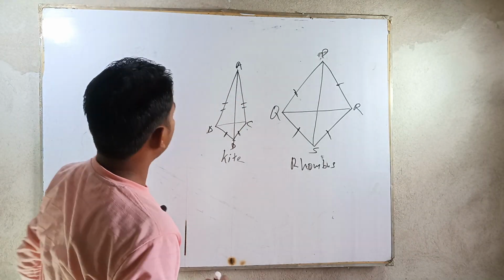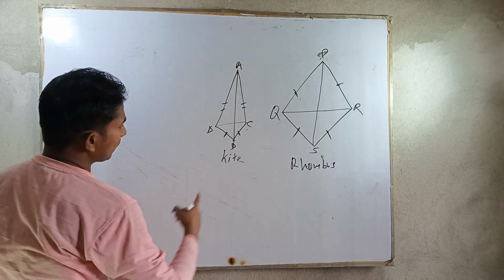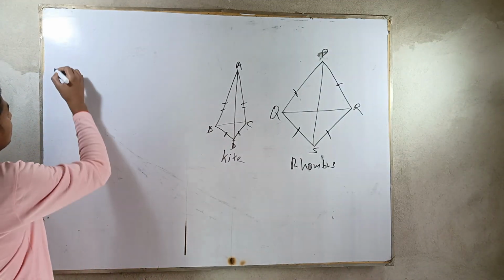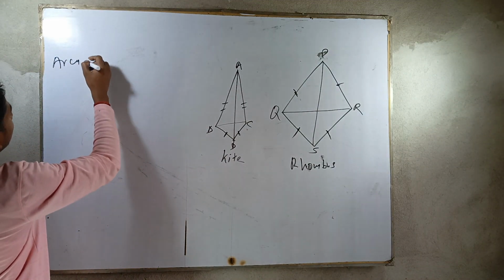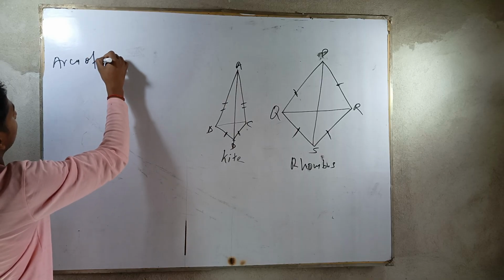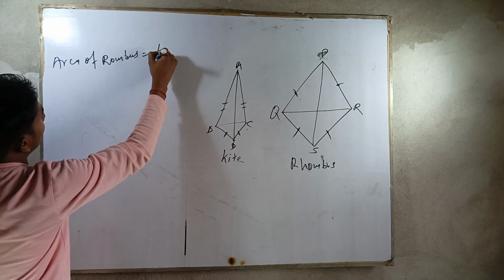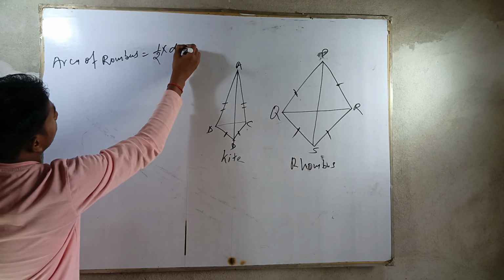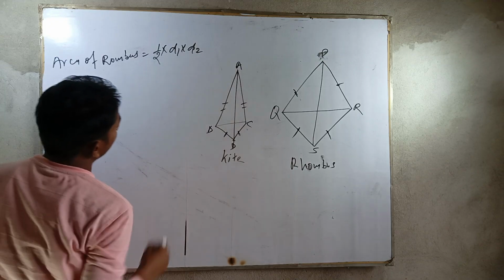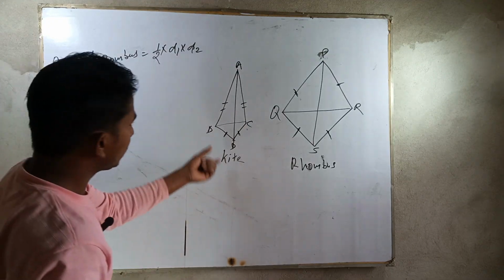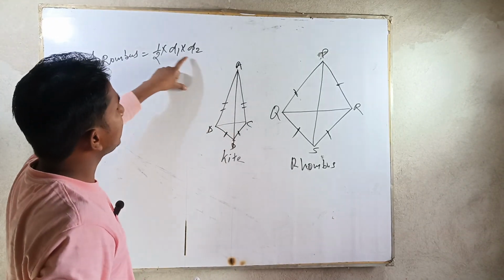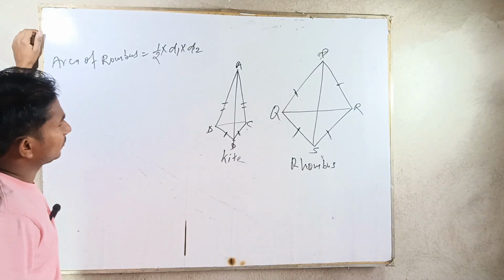These are the types of kite and rhombus. The area of a rhombus and kite equals 1 by 2 into d1 into d2. If we multiply d1 and d2, then its area will be found.